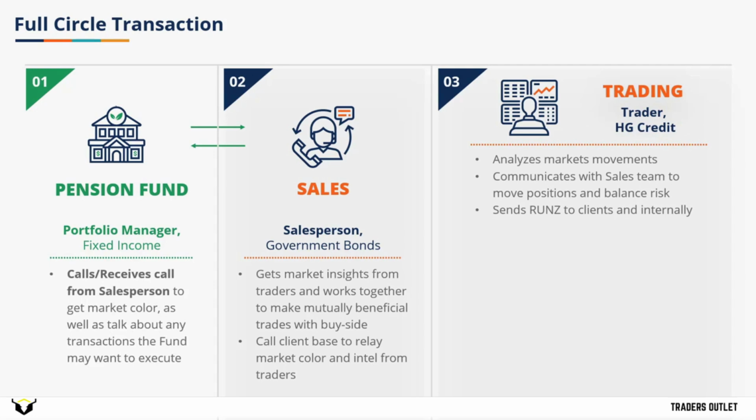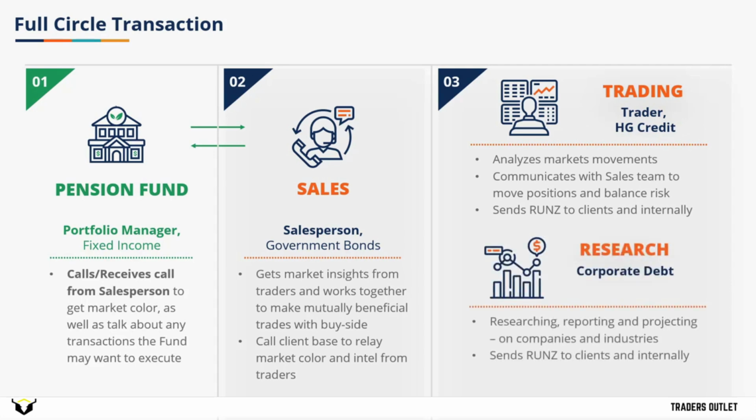If there are any key topics that the portfolio manager is keenly interested in getting more detailed scoop on, he or she may ask if the bank's research team has published any analysis or reports on the topic. Depending on what the portfolio manager needs, the salesperson will ensure that he or she is taken care of. This is a high-level view of what is done every day, multiple times a day.